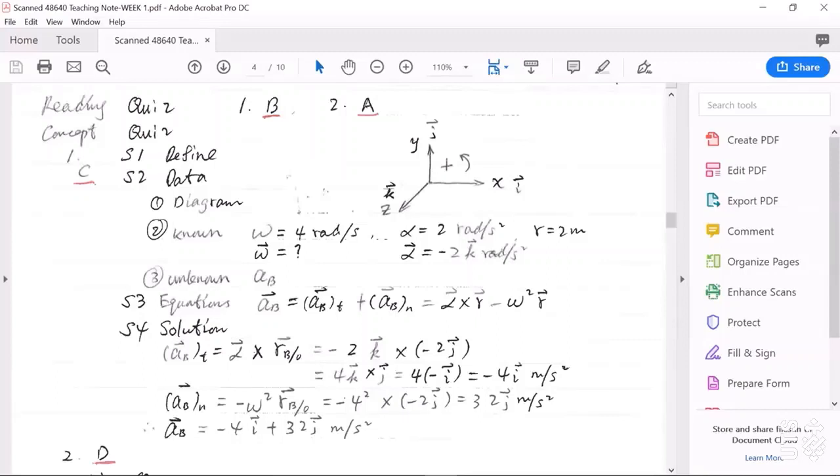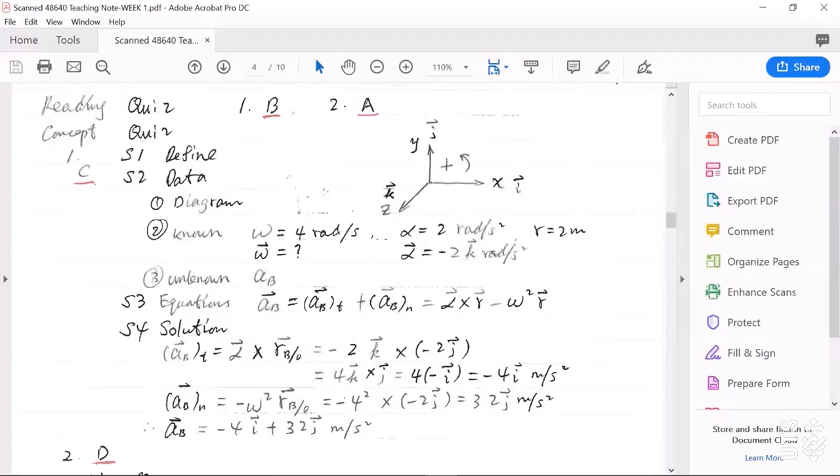ABN is equal to negative omega squared RBO, vector RBO. And here, omega squared is a scalar. It's not a vector. And we already know omega is 4. RBO, again, negative 2j.